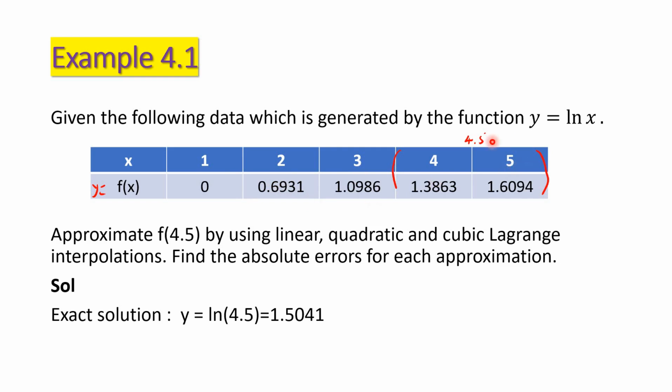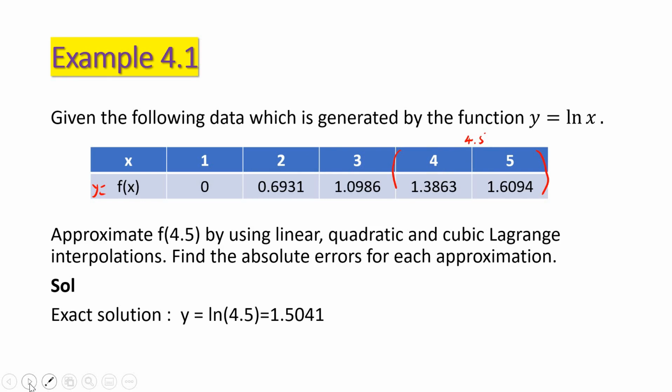You can only take 4 and 5, so that 4.5 will be inside the range of 4 and 5. Is it clear how to take the data? So make sure you take the last two so that 4.5 is inside.